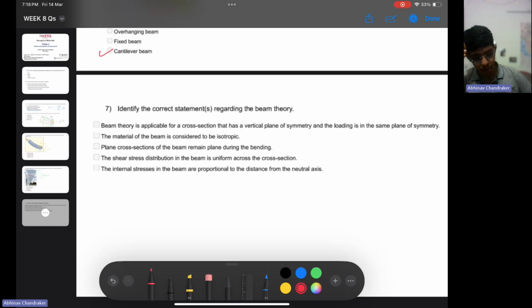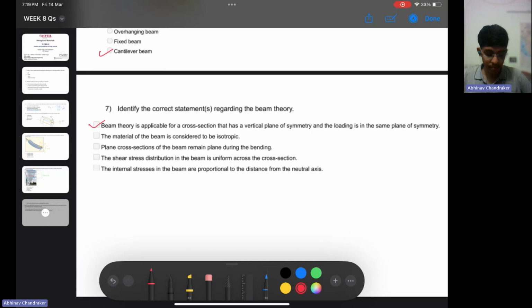First option is beam theory is applicable for a cross section that has a vertical plane of symmetry and the loading is in the same plane of symmetry. So this is true. This was the kind of loading we used and the cross section we used when we looked at beam theory.